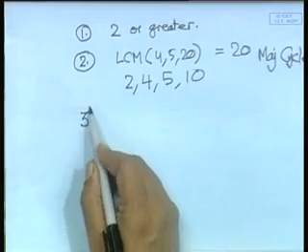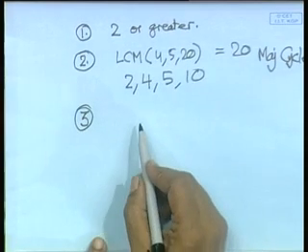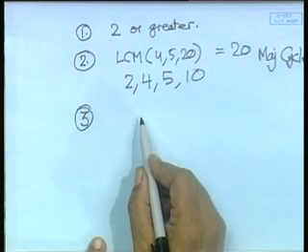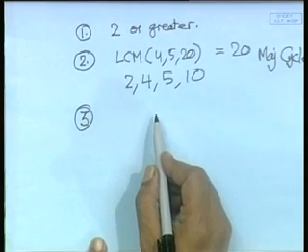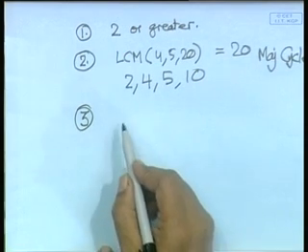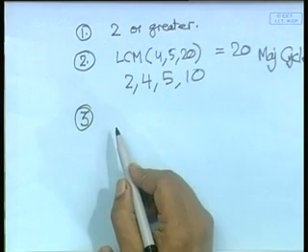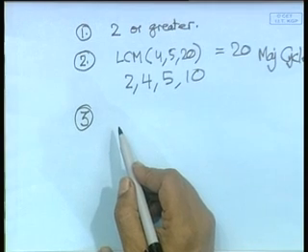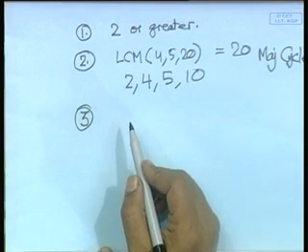Now, let us look at the third constraint, that there must exist one full cycle between the arrival of the task and the deadline, and we have to consider the worst case scenario in the task arrivals.